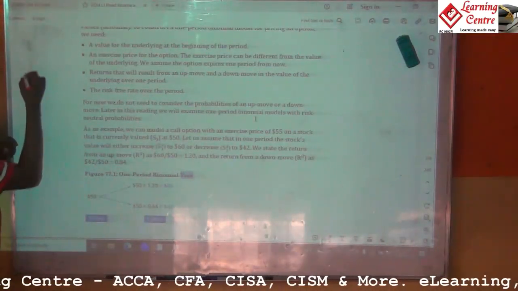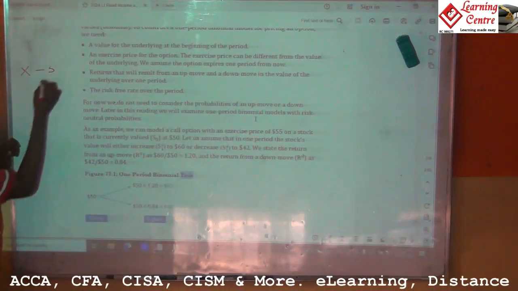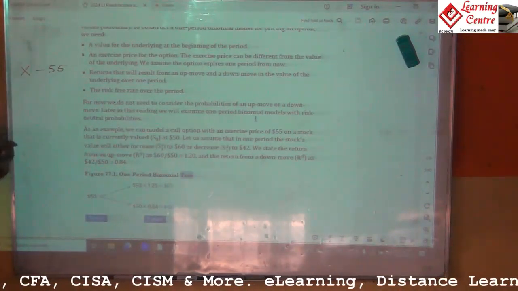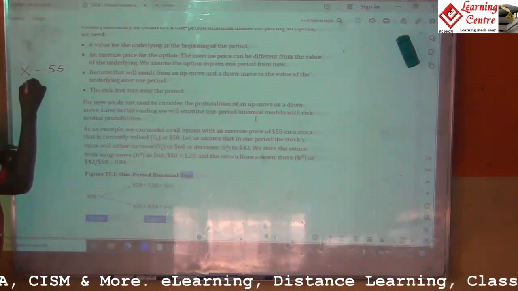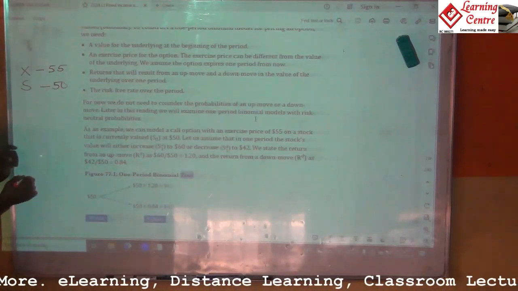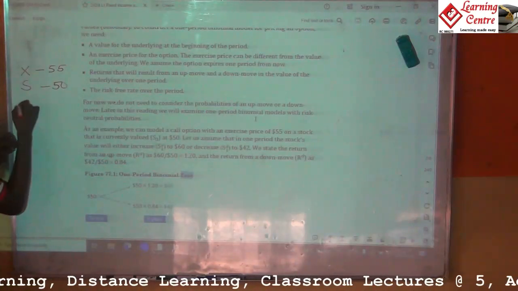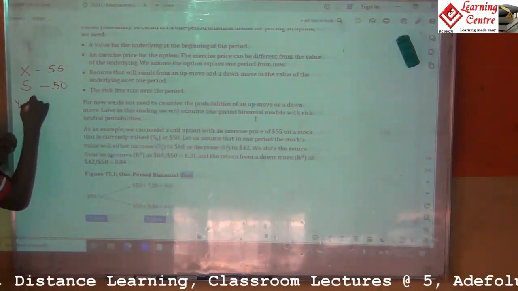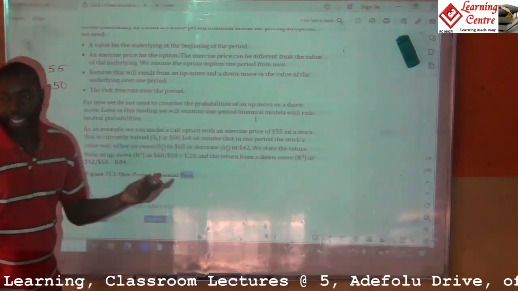So we said the exercise price is $55, right? And we said the price of the asset, which is S, is $50. Right. So in period one, year one, two things can happen.